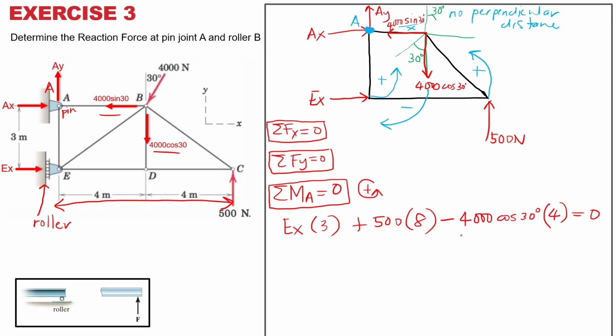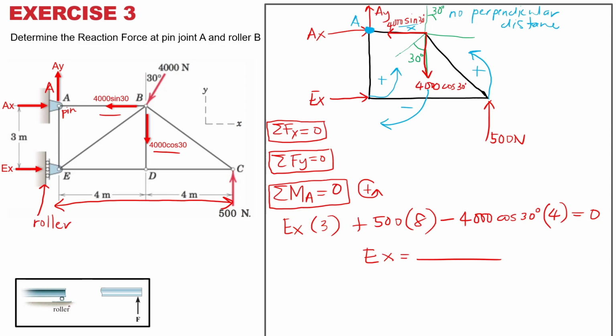So if you solve this properly, you're going to get the value of EX lah, berapa? Once you get the EX, plug in the formula of summation Fx, plug in dekat formula summation Fy, okay? Then dapatlah value dia berapa? All those unknowns. Dapat berapa AX, dapat berapa AY.